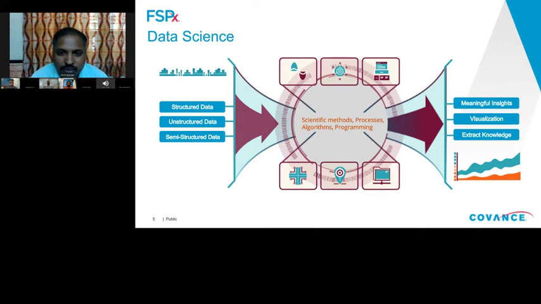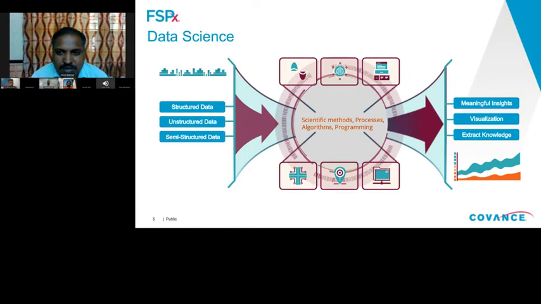But in short, data science is all about using data to solve problems. A problem could be a decision-making problem, a product recommendation, or predicting an outcome. So using the available data and extracting useful information out of it to solve problems is what we do with data science.